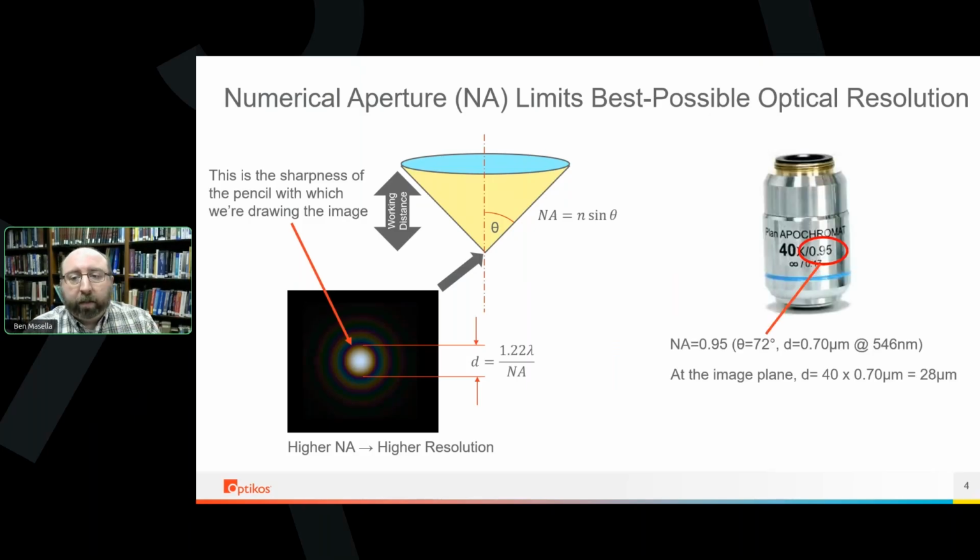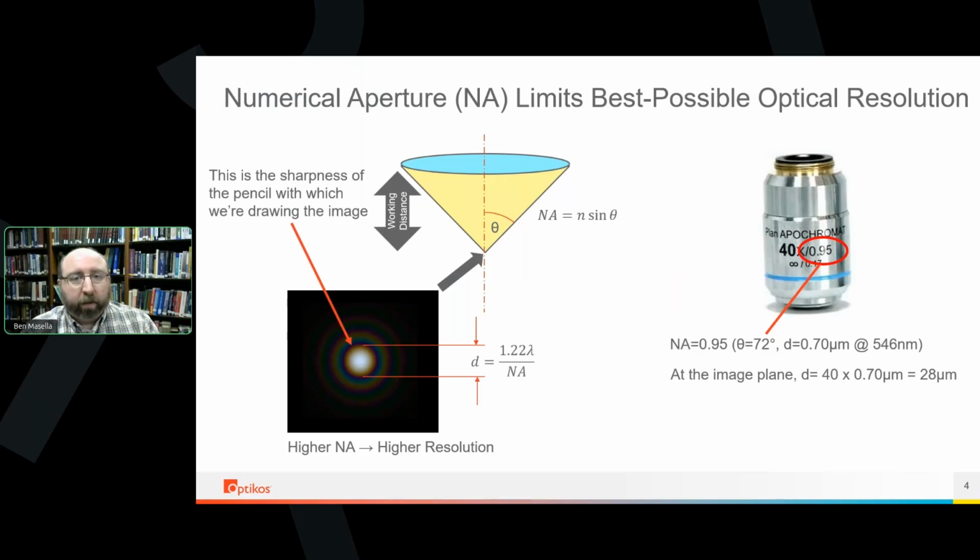On a commercial objective, this will typically be labeled. So this objective here has a NA of 0.95, which is related to an angle of that cone of 72 degrees in air, leading to a minimum spot size of about 0.7 microns at 546 nanometers. So that's the smallest spot that lens could possibly make.